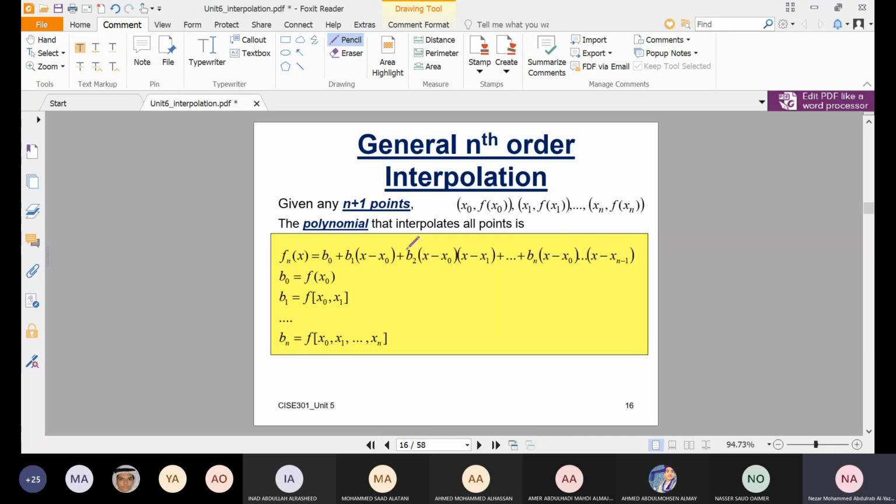So this is the general form of the interpolation. As we said, this interpolation is used to estimate an intermediate value between the points that we have. We usually create a polynomial, and this polynomial of order n should connect all the n plus 1 points, or pass best through all these points.